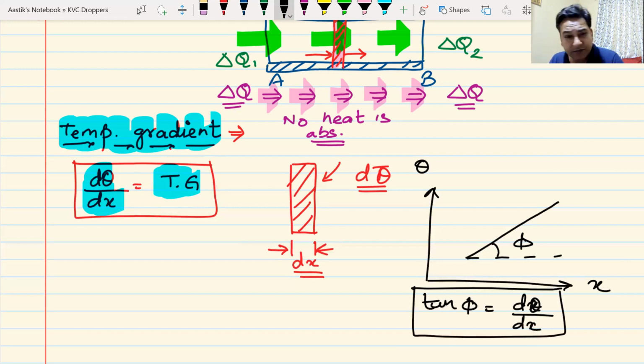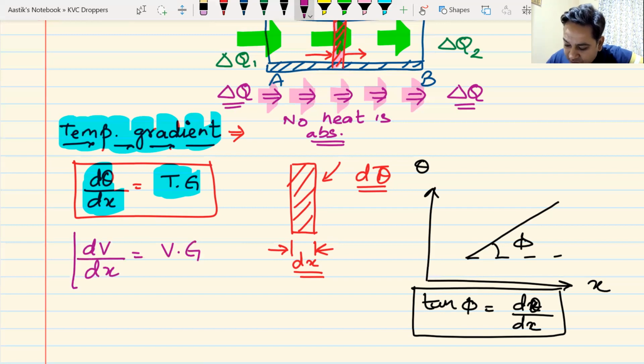Similar to temperature gradient, we have velocity gradient in fluids. When you might have seen laminar flow of fluids, on the top, the velocity is v, on the bottom, velocity is 0. Velocity gradient is v minus 0 divided by the length, so dv by dx is known as the velocity gradient. You remember this term from fluids.